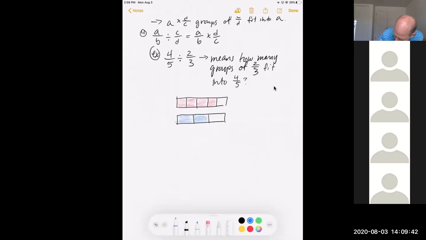We need to see how many fit in there. Now, as it is written, can we figure that out? And the answer is no, because we don't have the same size pieces. We could fit one of them in there at least, but then how big is that? I don't know. So we need to use a common denominator to help us.